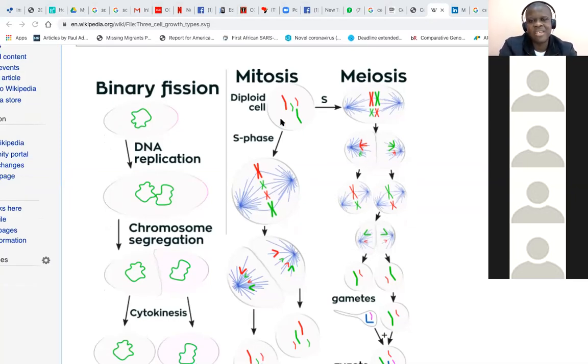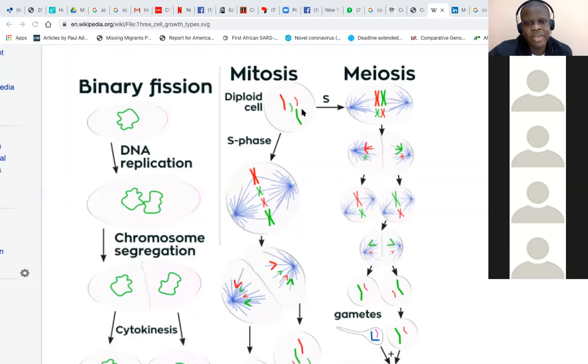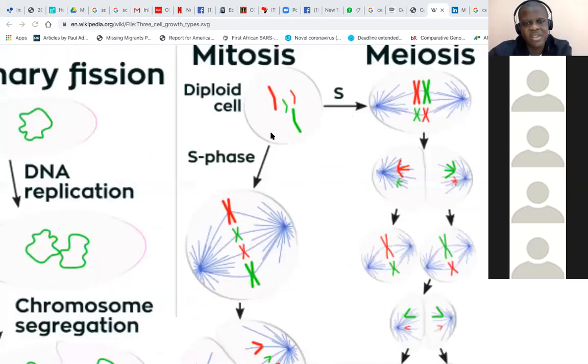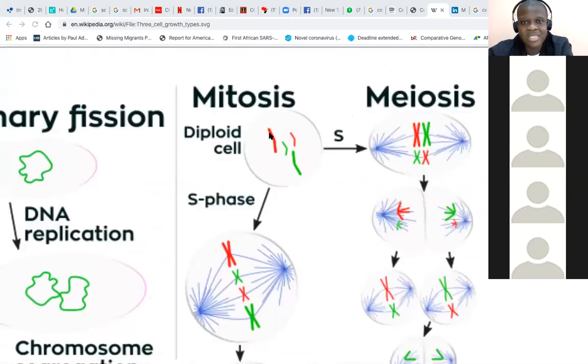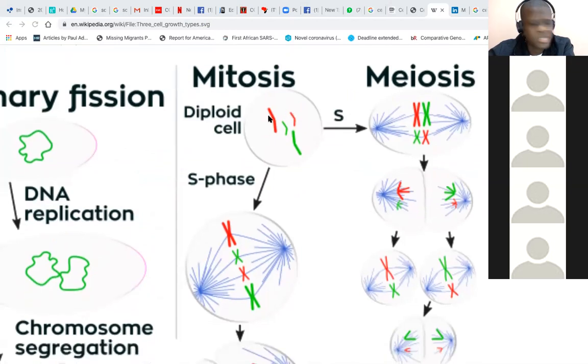So if you look at this carefully, the diploid cell under mitosis has 2 red and 2 green. That is the nature of the cell that goes into mitosis, that wants to go into cell division.